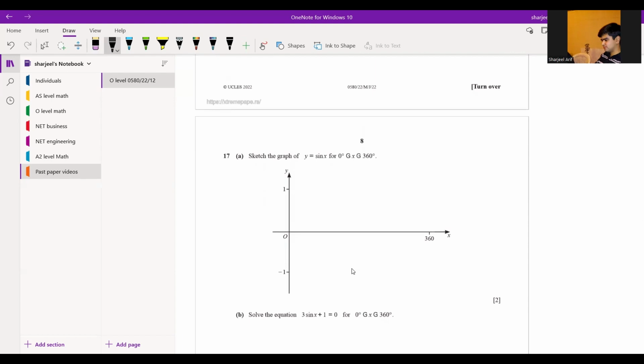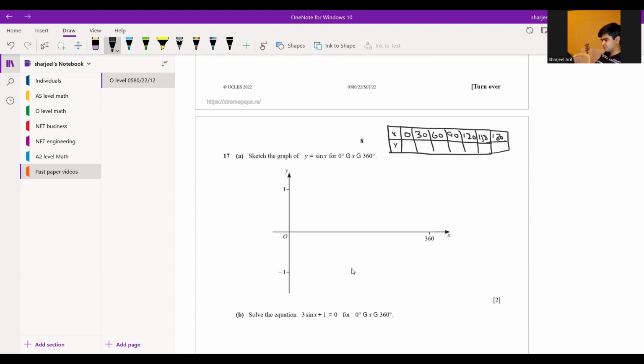Okay, for the next part, we have to draw the graph of sin x. So for this, you can draw a table in which you have to take the x values in degrees, and you will get the y values. So 0, 30, 60, 90, 120, 150, 180, and so on.